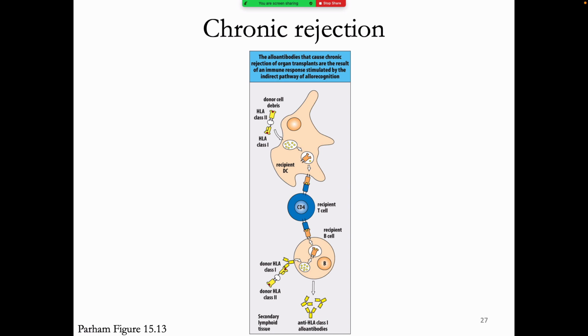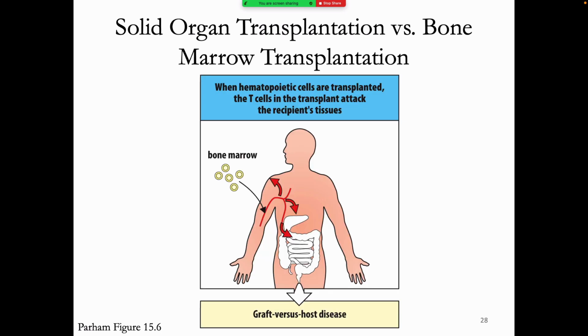The other thing that I want to talk a little bit about really briefly is bone marrow transplant. The problem with bone marrow transplantation is that there is an additional complication.